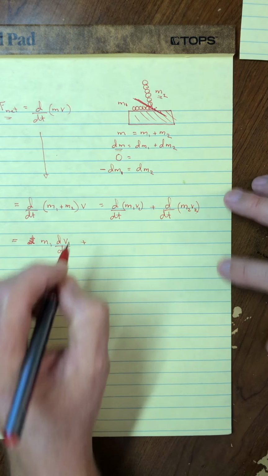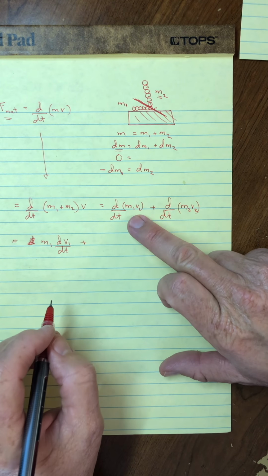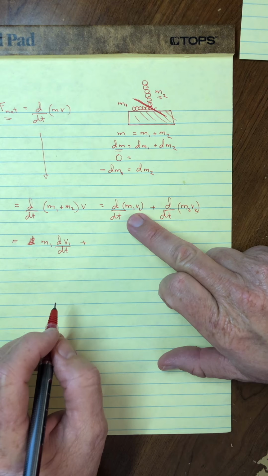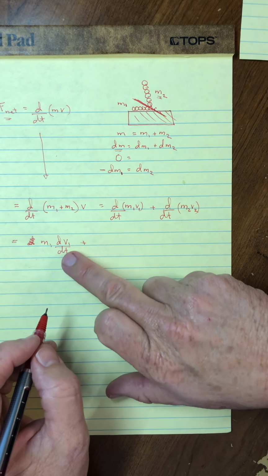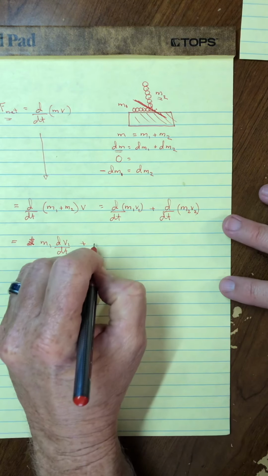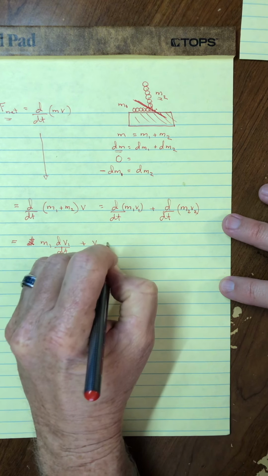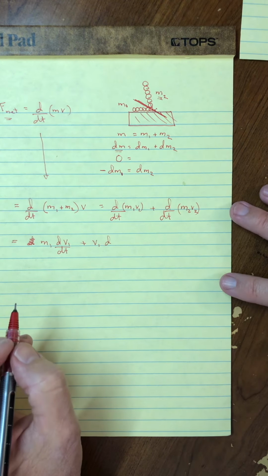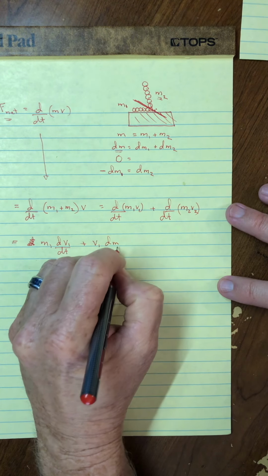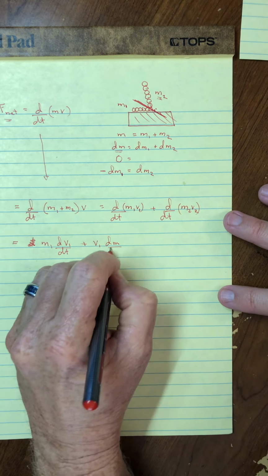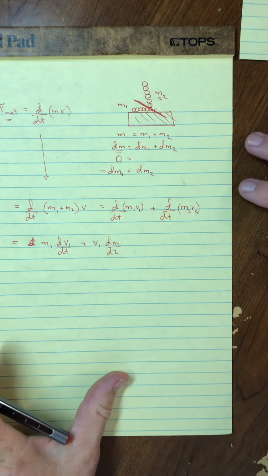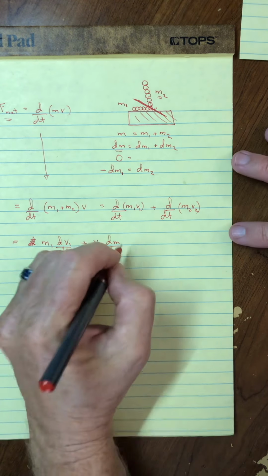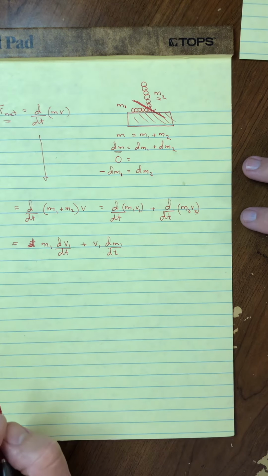All right, but let me take the 2 pieces here from chain number 1. Okay, so it's m dv dt, and then also v times dm dt. Okay, and that would be number 1.